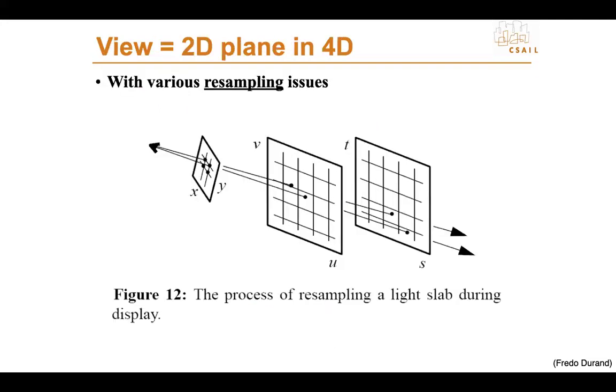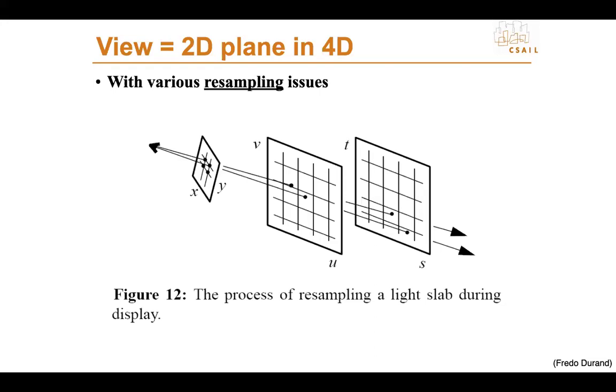Okay, but there is one catch, because in the end, what we want to do is view resynthesis. We have individual rays, but we want to have a continuous representation. Here we have a discrete representation, because it is a sampling, right? To get rays at any point in this space of rays, we need to do resampling.